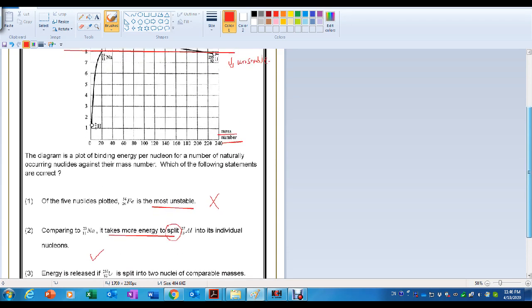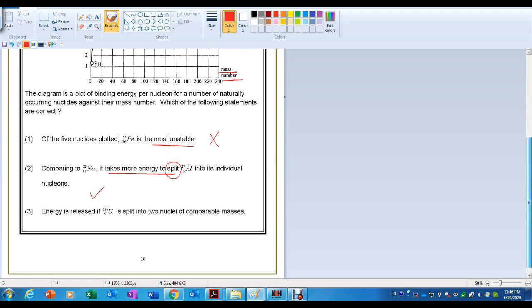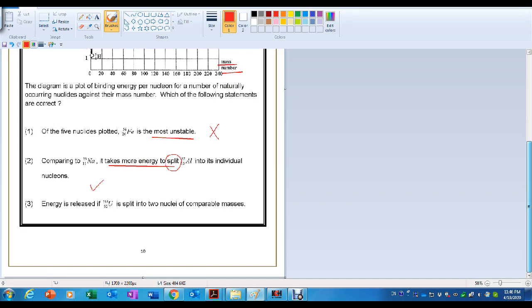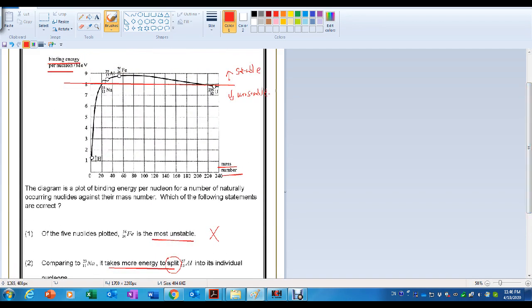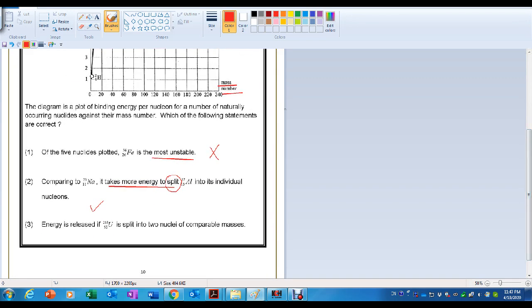And the third: energy is released if uranium splits into 2 nuclei of comparable masses. If uranium splits up, then it goes up the slope, so that means it becomes more stable, giving a more stable daughter nucleus.